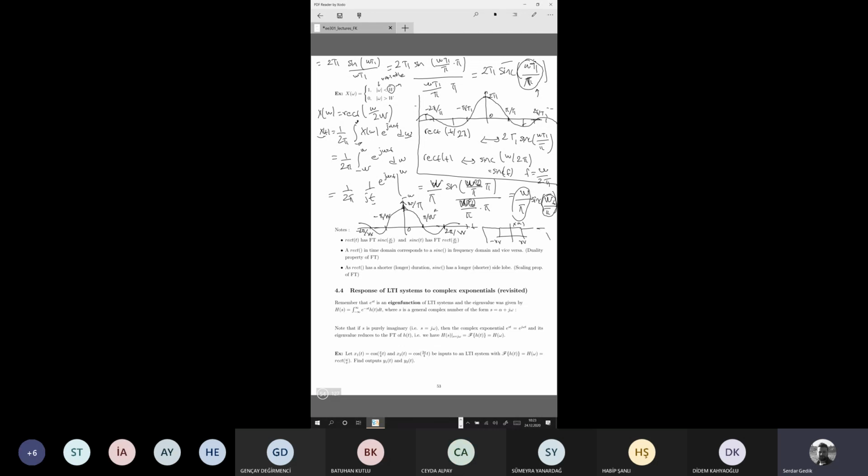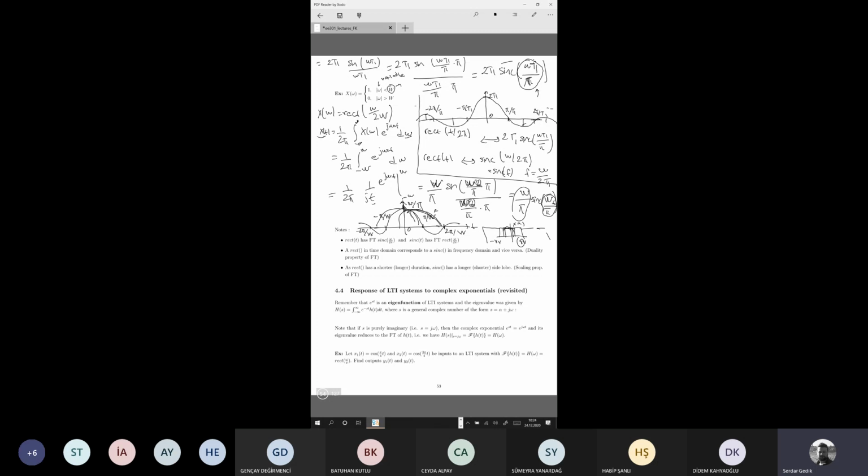But if you increase omega here, the main lobe is becoming narrower or shorter. If you decrease omega here, it means that pi over omega is increasing. So the main lobe is increasing in length. So this is the case.